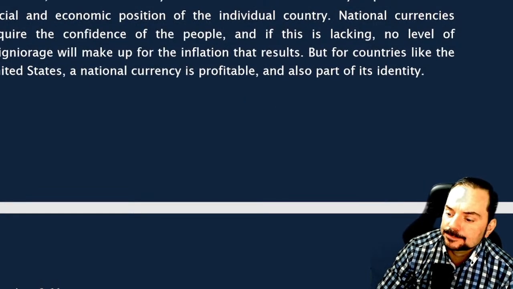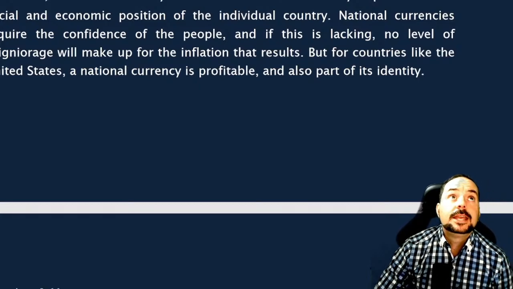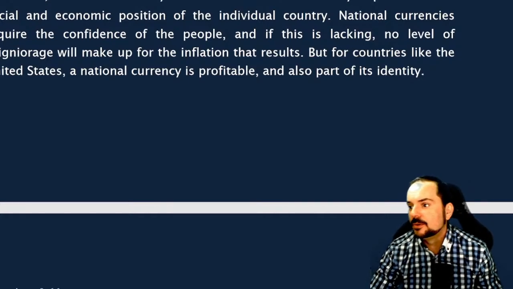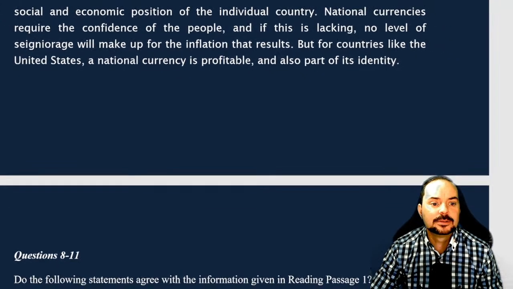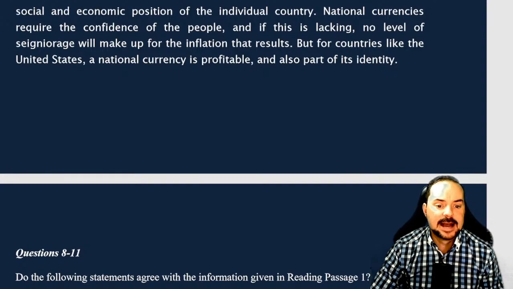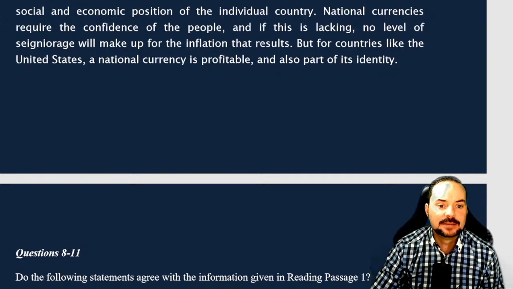Here we go, everyone. Oh, you guys aren't seeing the whole thing. Sorry about that. I think I accidentally moved the screen a little bit. I'm not sure how I did that, but I will adjust it. My bad.